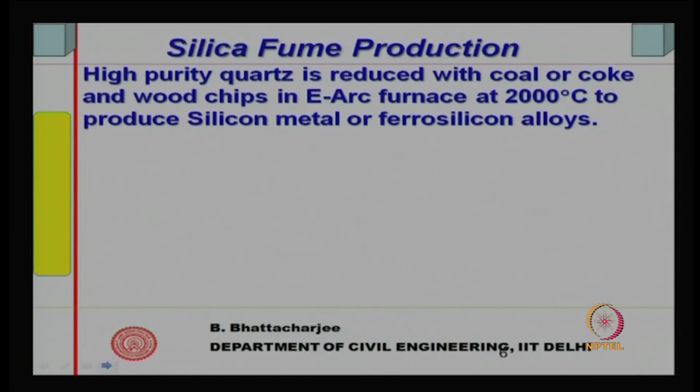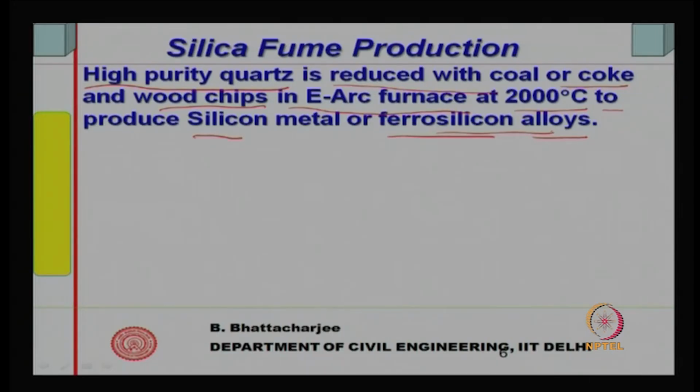Basically, silicon and ferrosilicon alloys in their production use high purity quartz, and this is reduced with coal or coke and wood chips, basically with carbon, to produce Si. These are reduced in an electric arc furnace at around 2000 degrees centigrade to produce silicon metal or ferrosilicon alloys.